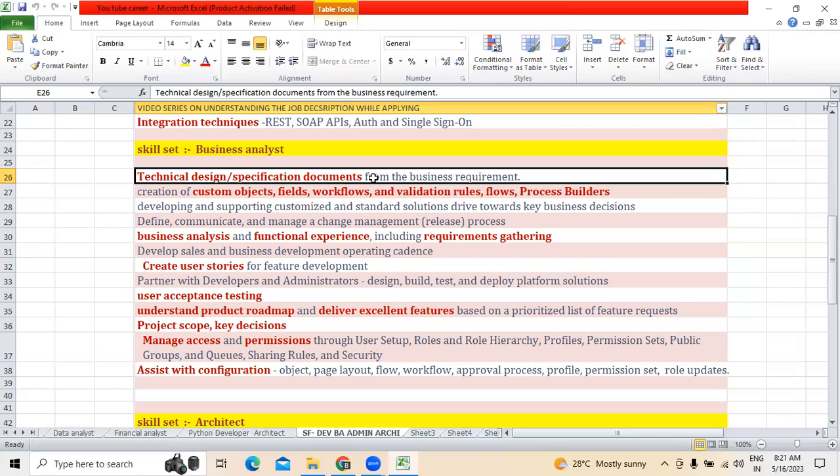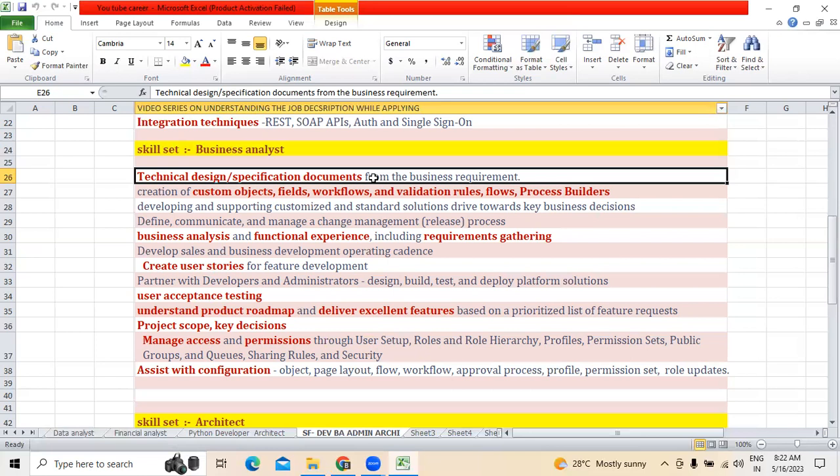That's not needed. But administrative knowledge, like something relating to configurations, assisting in configuration, that sort of knowledge will elevate your business analyst profile. So BA is more or less a role where Salesforce administrative job responsibilities are added, apart from the skill set that is needed.